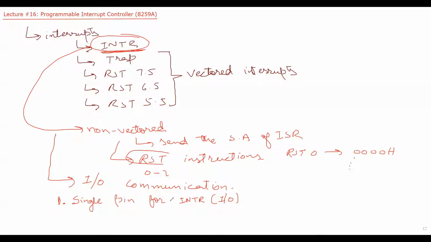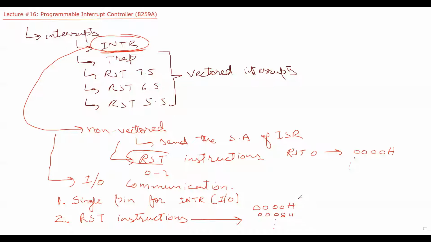Another limitation, the second limitation, is that using this scheme, we can only insert RST instructions, or sometimes call instructions, but mostly we use RST instructions. We know all RST instructions point to these memory locations, 0000H, 0008H, and so on.